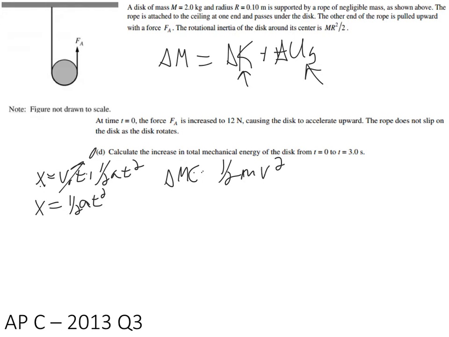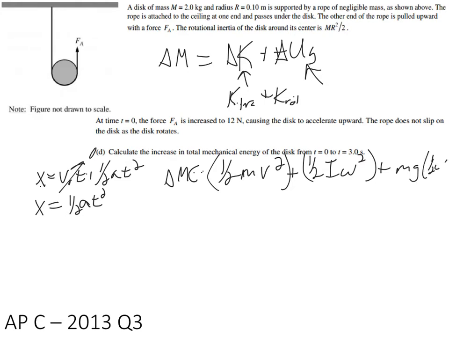Actually, I should mention that this kinetic is also the linear, translational, plus the rotational. So this is going to be 1/2 mv squared plus 1/2 I omega squared plus mg times half at squared.